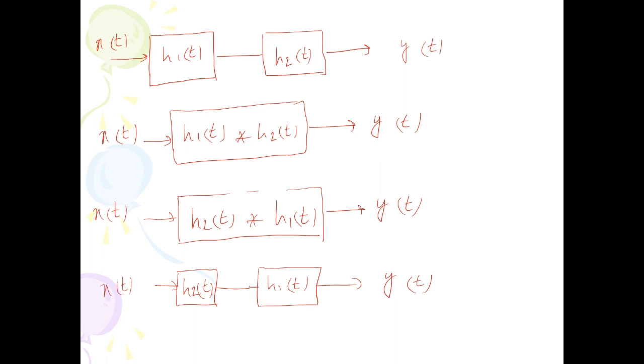The same set of equations holds good for the discrete time case also. So this is h1 of n, this is h2 of n, and the final output is y of n.